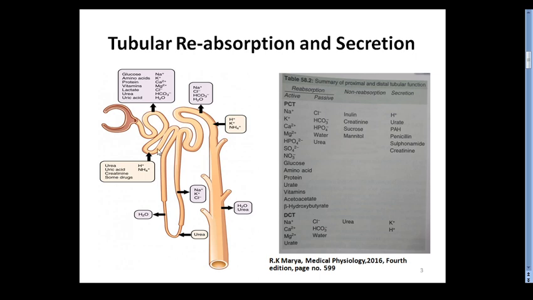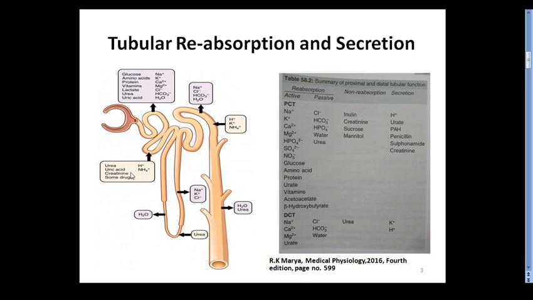In the PCT part, a few substances are actively secreted from the peritubular capillaries into the renal tubules, like urea, uric acid, creatinine, some drugs, hydrogen and ammonia. Creatinine is a metabolic product generated at the level of muscles.